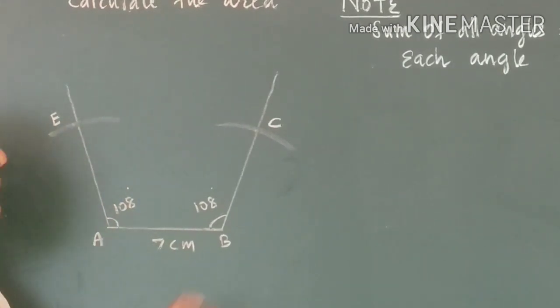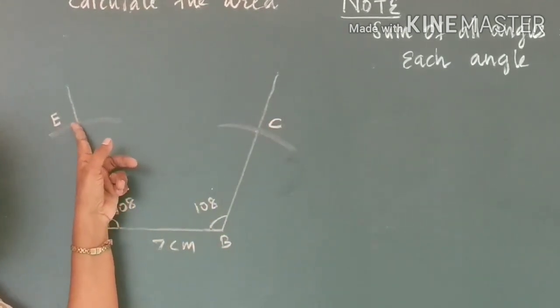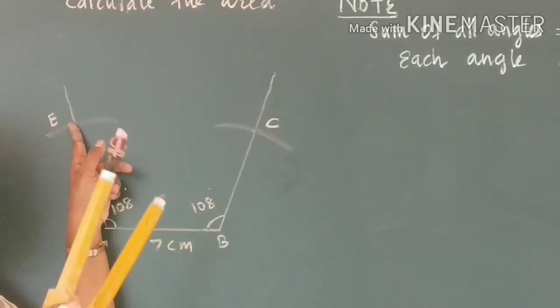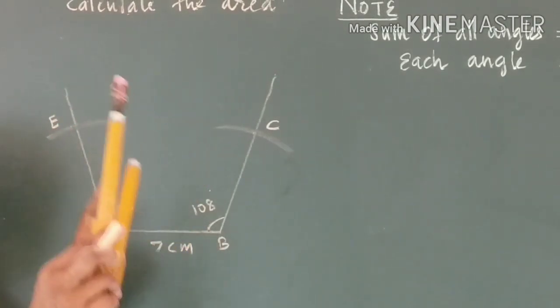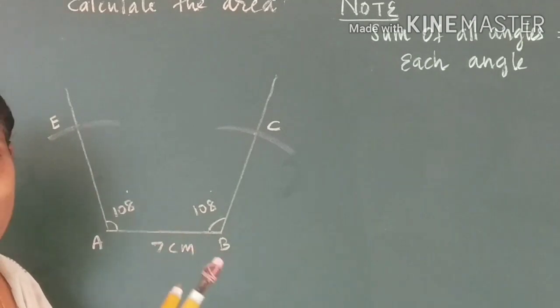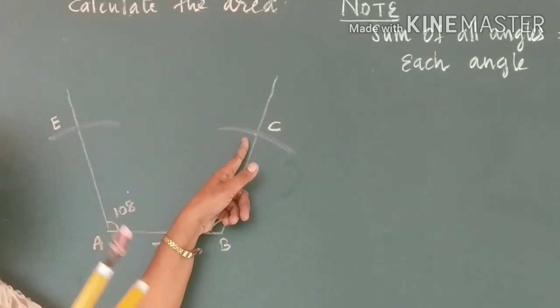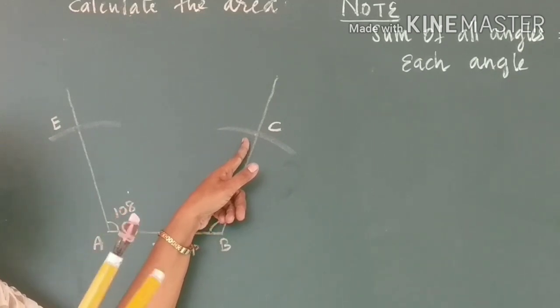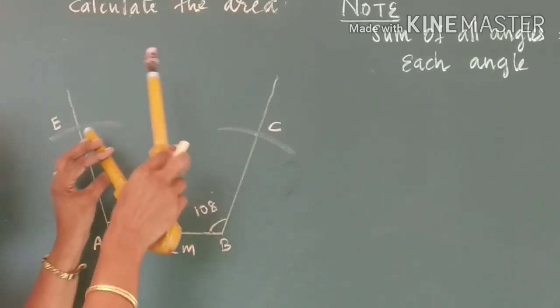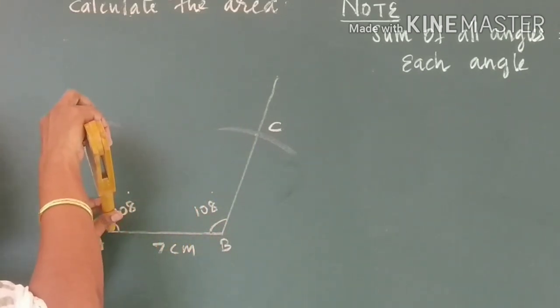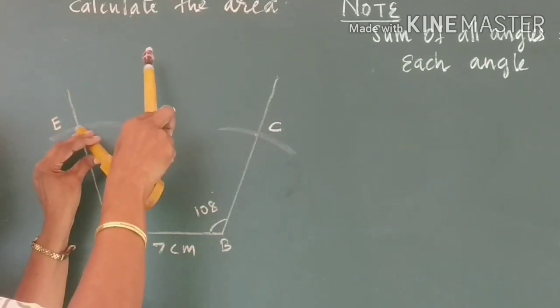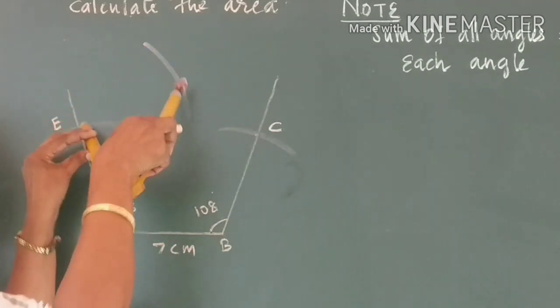Now keep your compass at C and E. Either you measure the same length and cut 2 arcs, otherwise measure 108 degrees at both points. You will be able to draw a regular pentagon. I am using the same measure which I took here. Keep it at E, cut an arc.